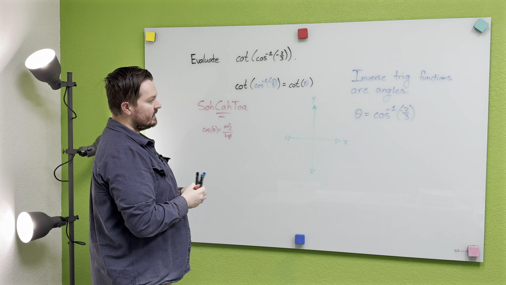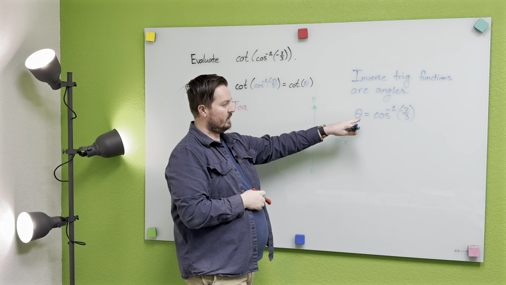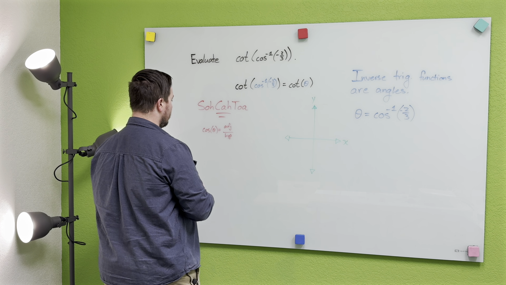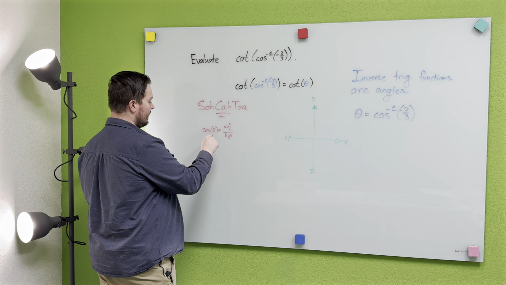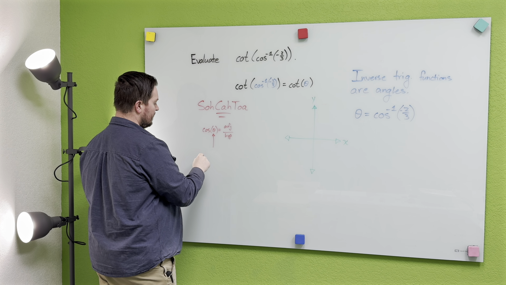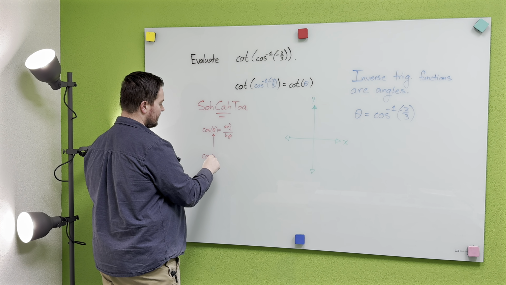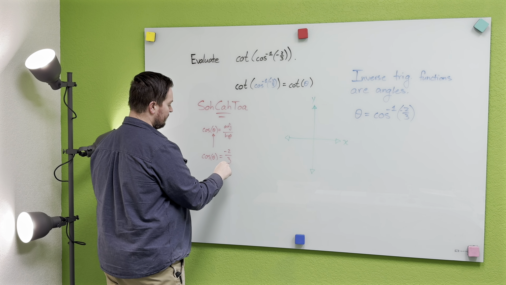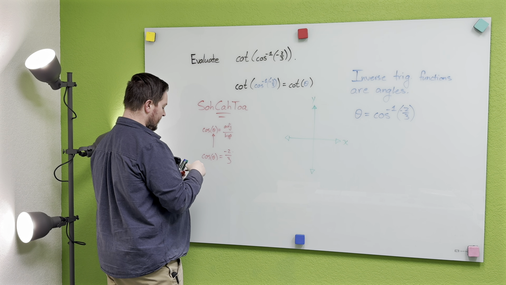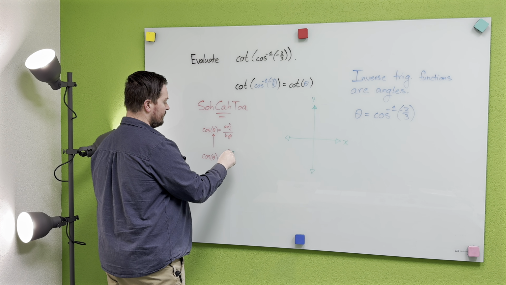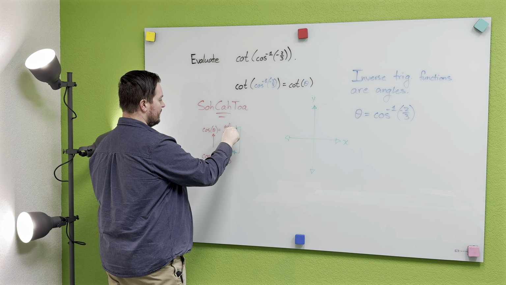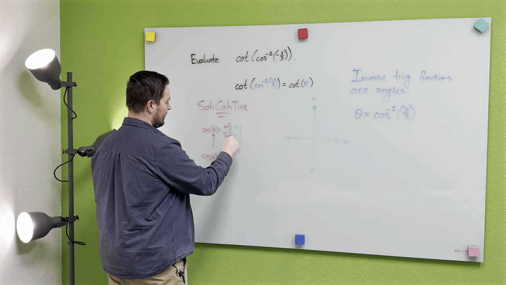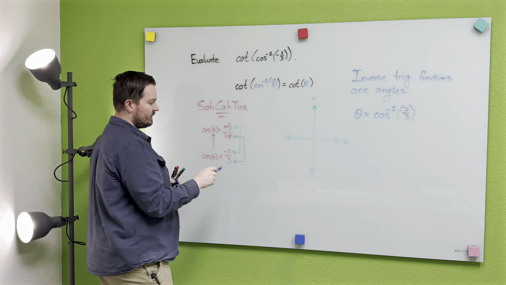And for us, we have some angle that makes cosine equal -2/3.